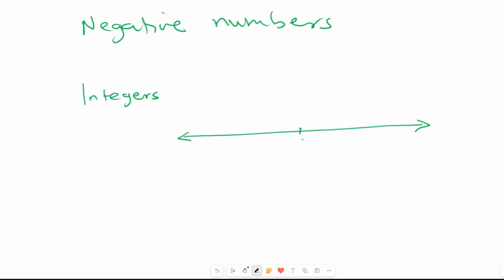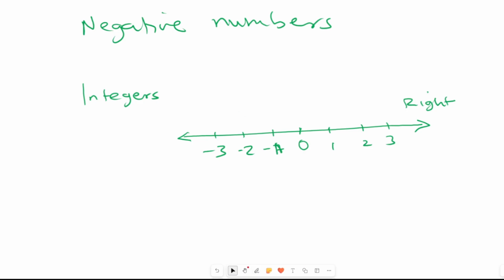So in the number line, you have zero staying right in the middle. Everything to the right is positive numbers, 1, 2, 3. But anything to the left is negative numbers. Okay. So on the number line, the numbers that are usually left to the zero are negative numbers.